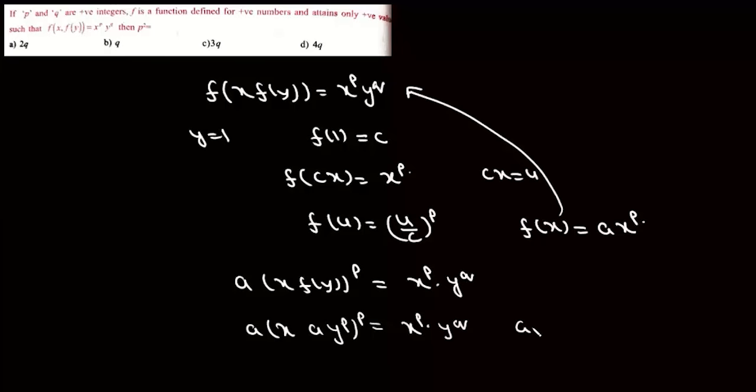So we'll get a to the power p+1, x to the power p, y to the power p square will be equal to x to the power p y to the power q. So clearly a should be 1 and p square should be equal to q. So p square is equal to q, and that's your option B.